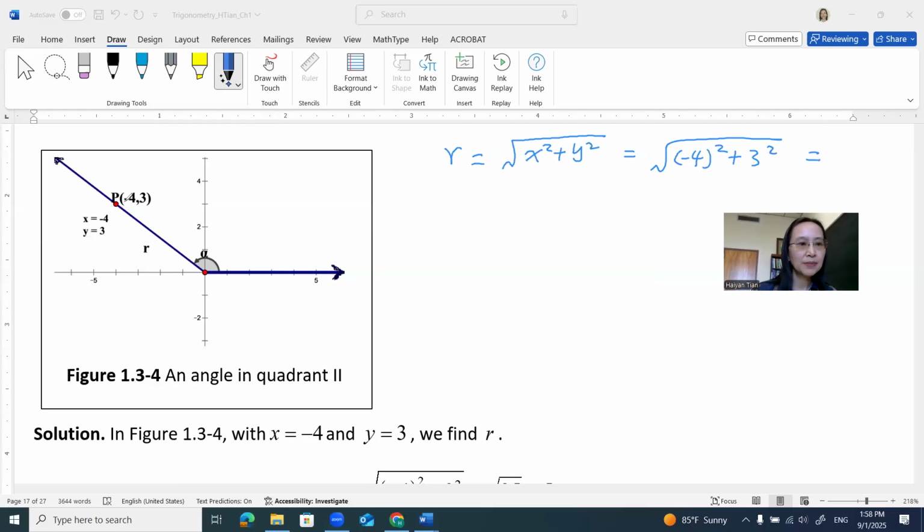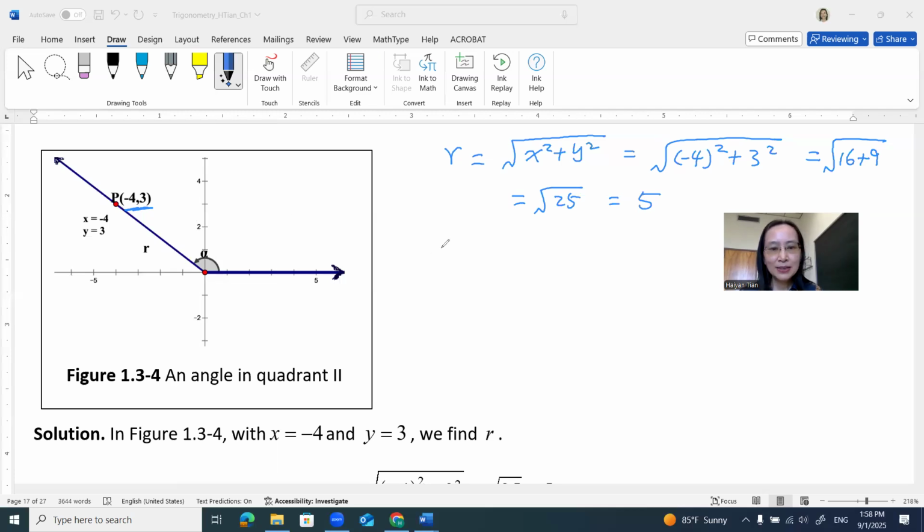We know the x, y coordinates, so that is 16 plus 9, so square root of 25, which is 5. So r is 5. Now we're ready to calculate sine, cosine, etc., all the 6 trigonometric function values for this alpha.